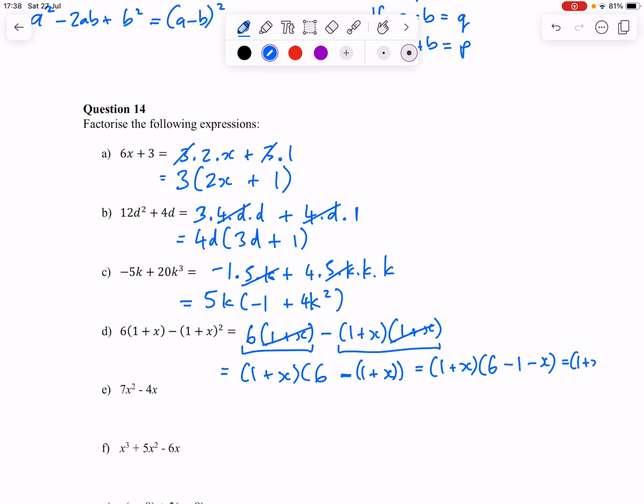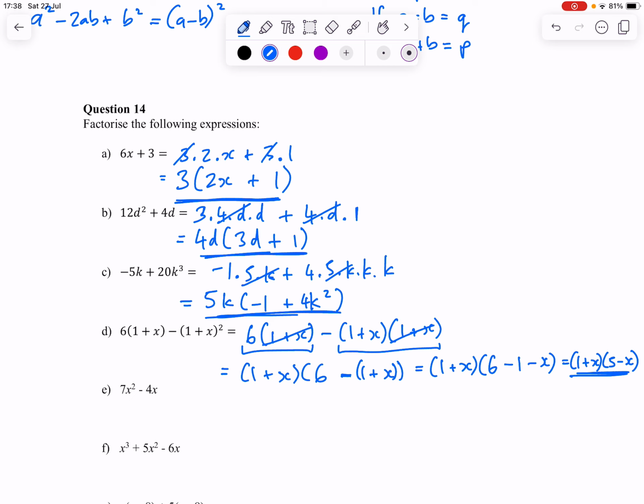So that simplifies to what? 6 take 1 is 5 take x. So that is your answer for that one. Should underline these.